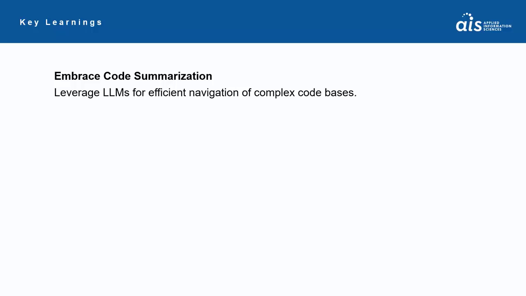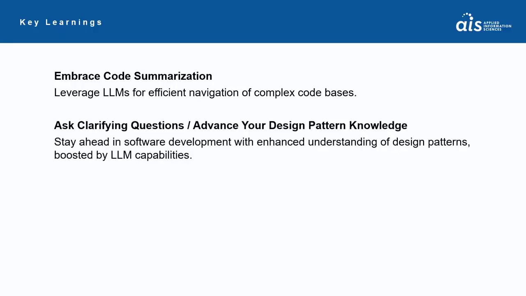This means that large language models' ability to explain complex code is going to continue to be very important. Number two, our experience in understanding the edge cases, being able to ask clarifying questions, and our understanding of design patterns is going to ensure that the code generated by large language models is of higher quality.